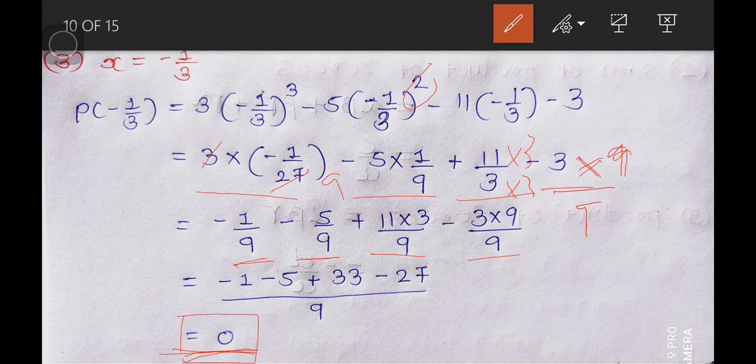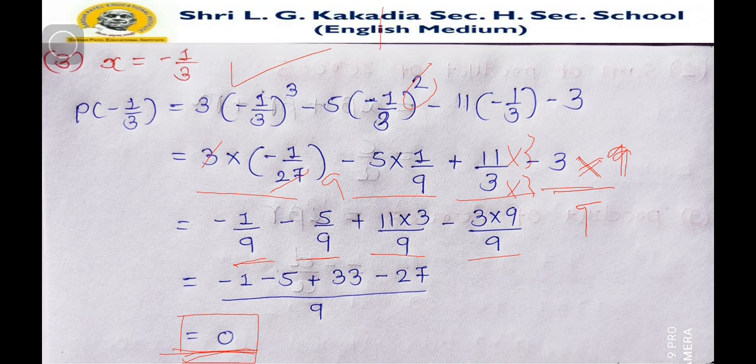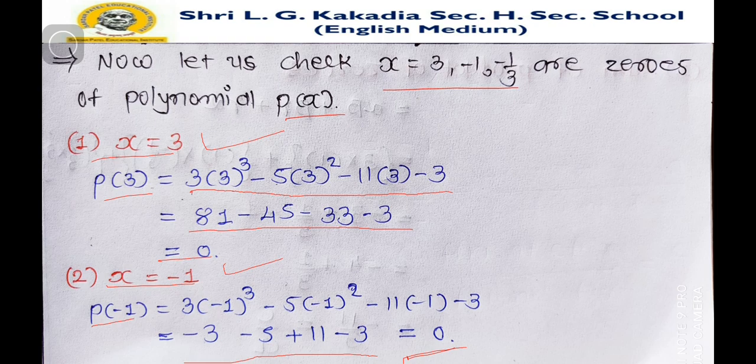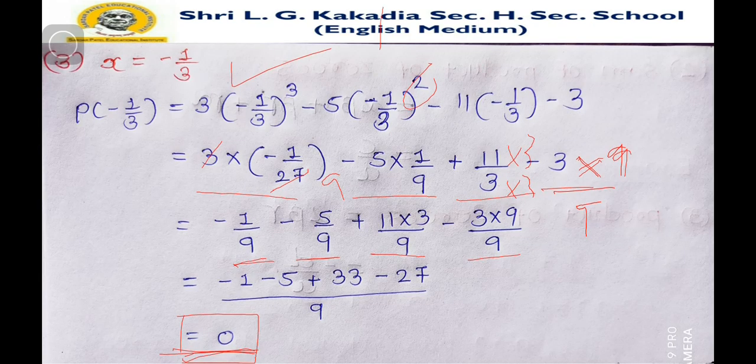So we can say that x is equal to minus 1 by 3 is also a zero of p of x. So here we verified that x is equal to 3, x is equal to minus 1, and x is equal to minus 1 by 3 are zeros of the given polynomial.